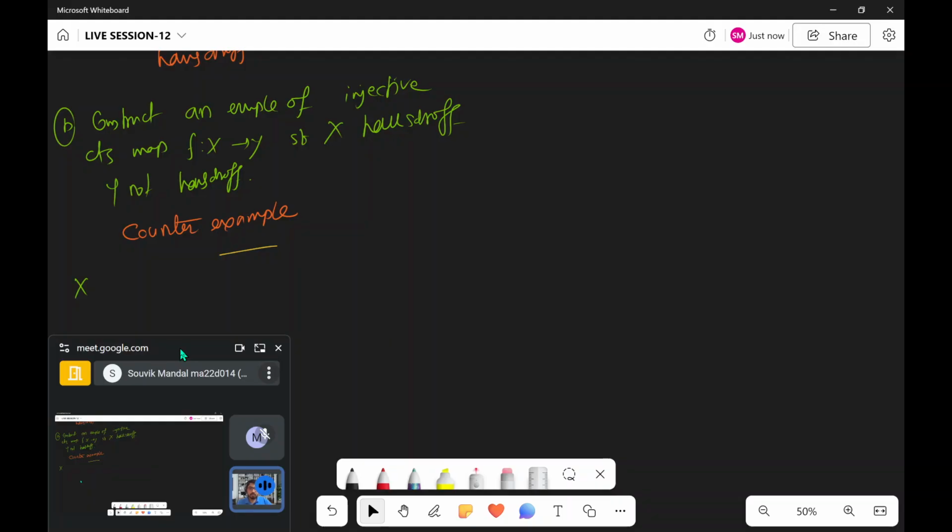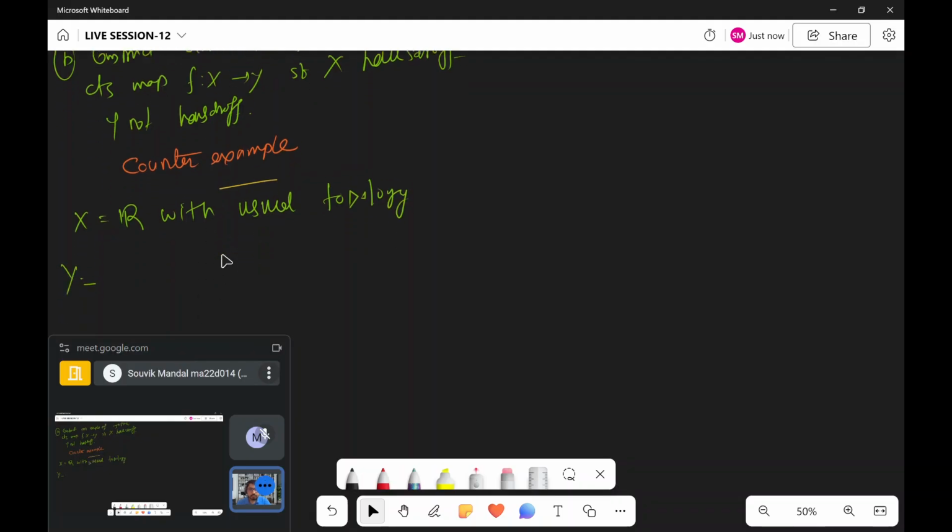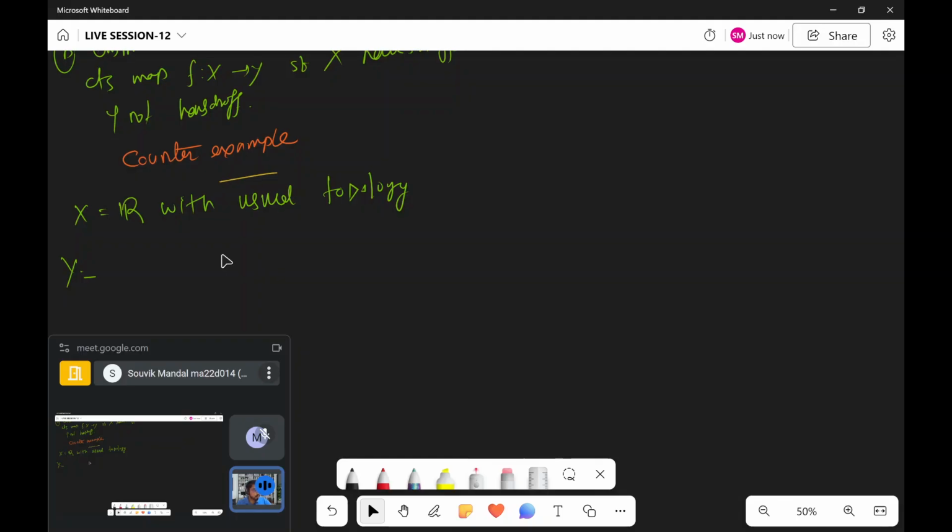So we are considering X equal to R with the usual topology. This is the first thing, and we are taking Y to be the same R with the discrete topology.